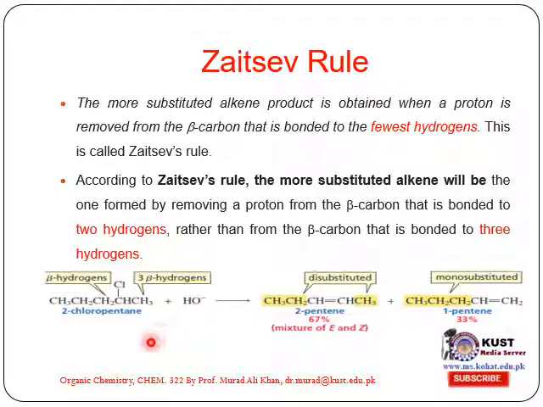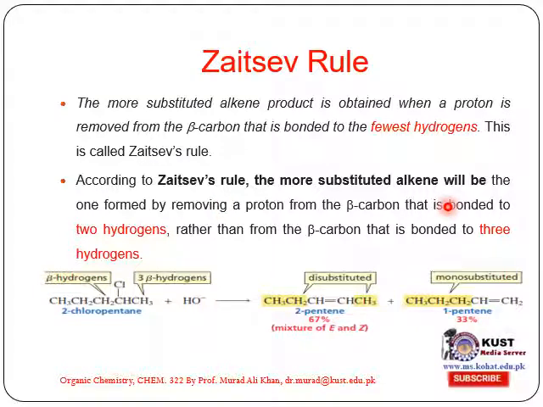So according to this rule, the proton will be removed from the beta carbon to which the fewest number of hydrogens are attached. That is this one, because here are 2 beta hydrogens. Or, according to the simplified formulation, the product with more substitution will be found.